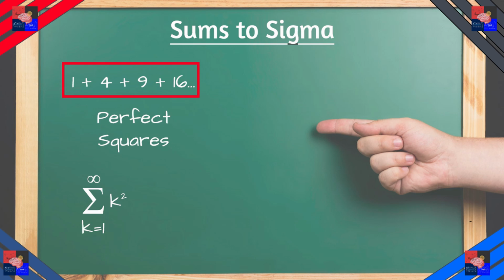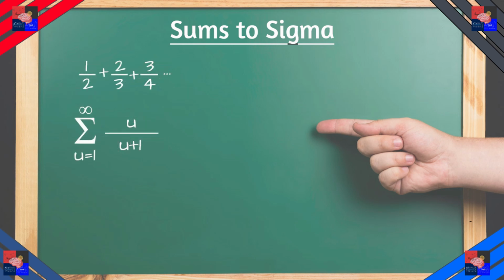And on top, we write infinity because we're adding all the terms. And we write k squared here because k is the starting term. This is 1/2 plus 2/3 plus 3/4. And this can be expressed as the sum of u over u plus 1, infinity times, where the starting number is 1. As we can see, u at the start is 1.